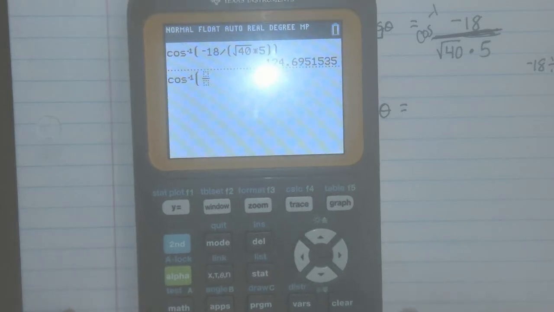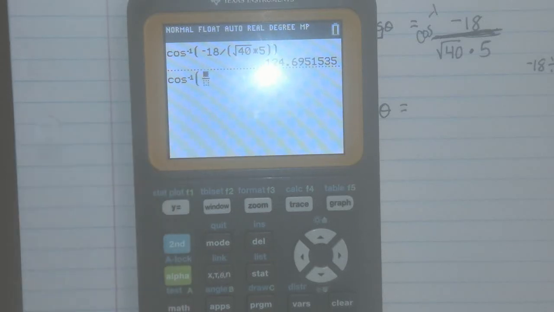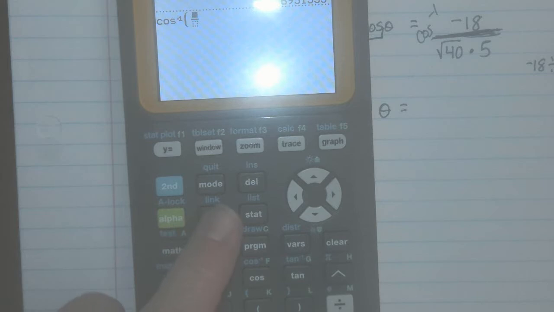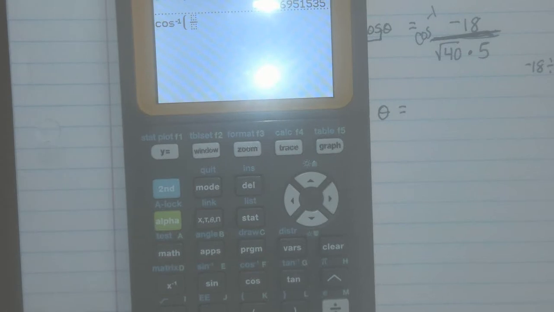Another way is to press alpha with y equals, and then choice 1, and up pops a fraction. Okay. So again, alpha variable button or alpha y equals. You may be used to one or the other already, but if you didn't know that, there you go.